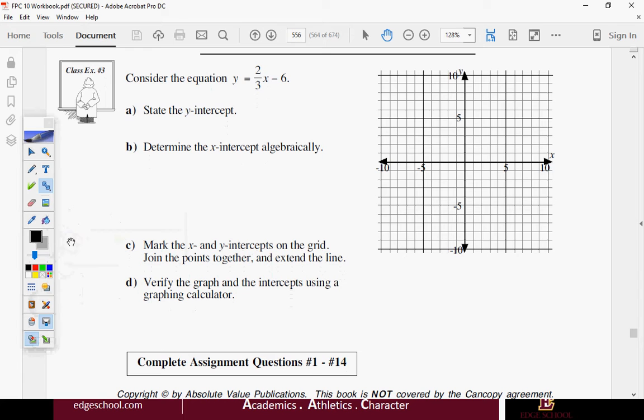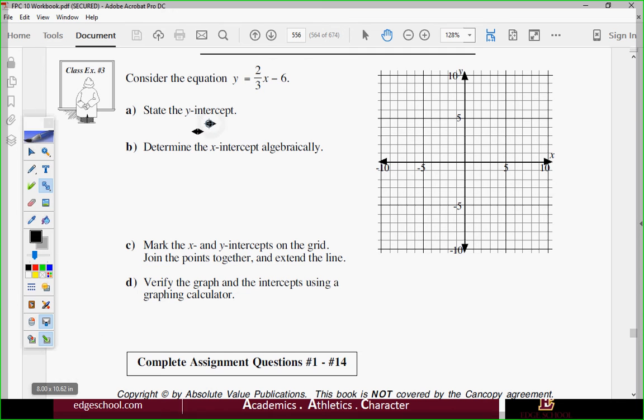So 2/3 x minus 6, state the y-intercept, -6, no problem. So I'm going to put my dot down here at -6. That's where I'm starting. Determine the x-intercept algebraically. So that's how you do it. You make this a 0. So I go 0 equals 2/3 x minus 6. I add 6 because I'm solving for x.